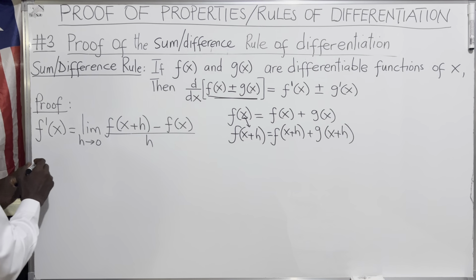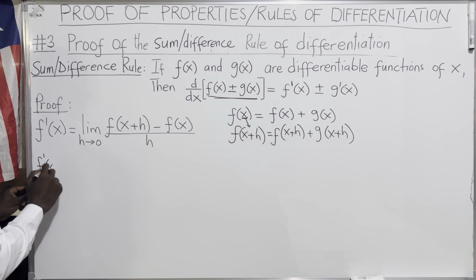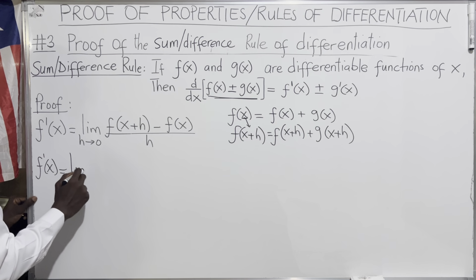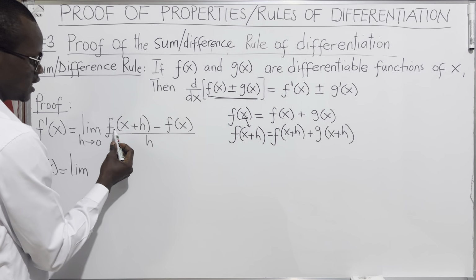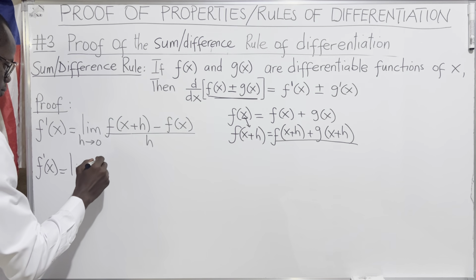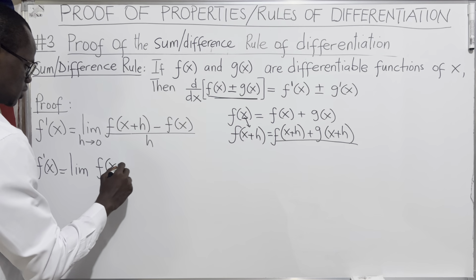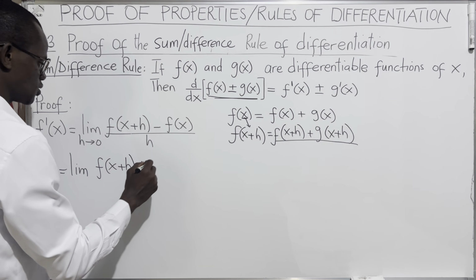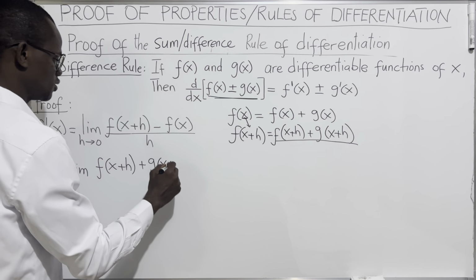So we go back down to the problem. We say f prime of x is equal to the limit. So wheresoever I see f of x plus h, I'm going to replace it with this function. So I have f of x plus h plus g of x plus h.